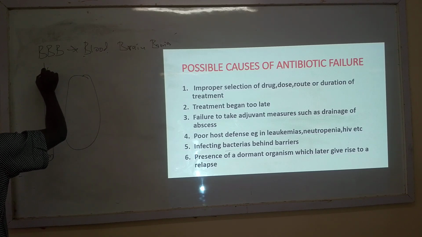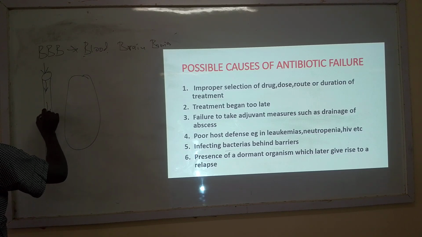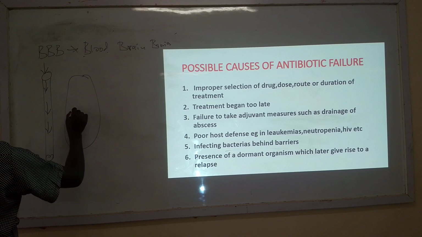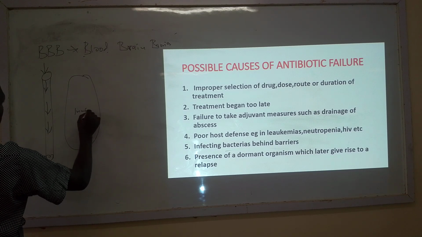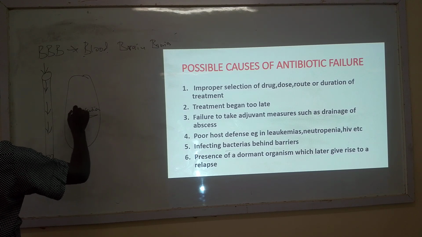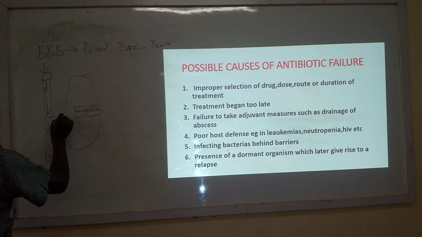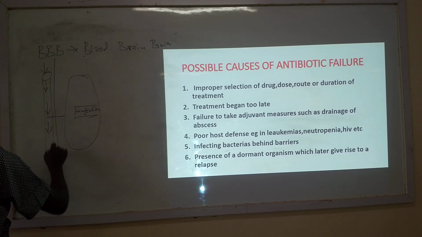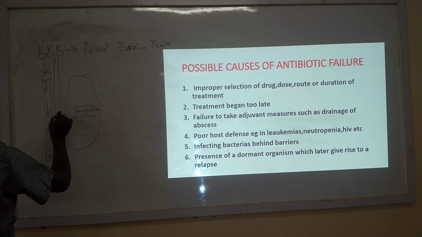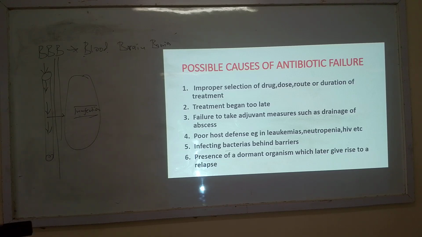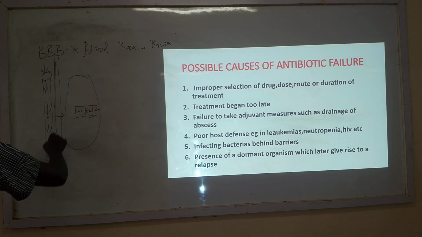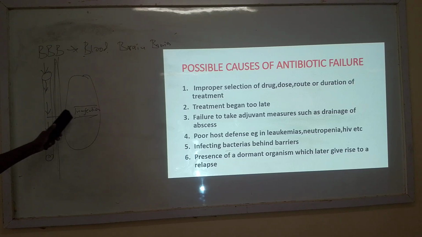Remember, our antibiotic is circulating in this circulation, and our infection is here. So this antibiotic is supposed to cross, and there's a barrier here. This antibiotic is supposed to cross and get into the brain so that it can manage that infection. But because of this barrier, this antibiotic cannot cross.